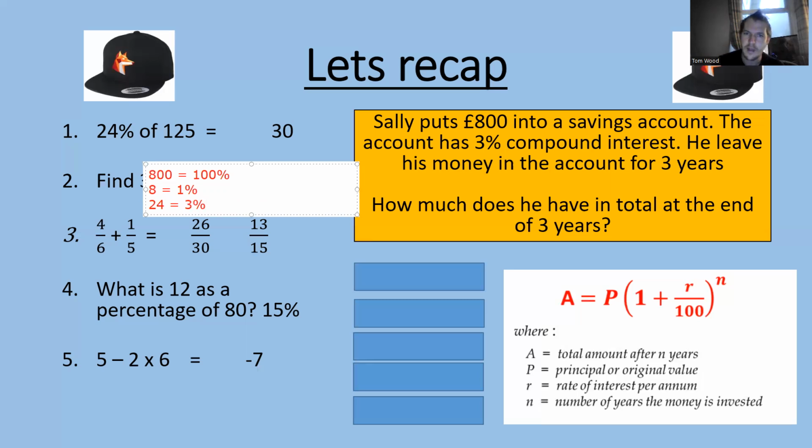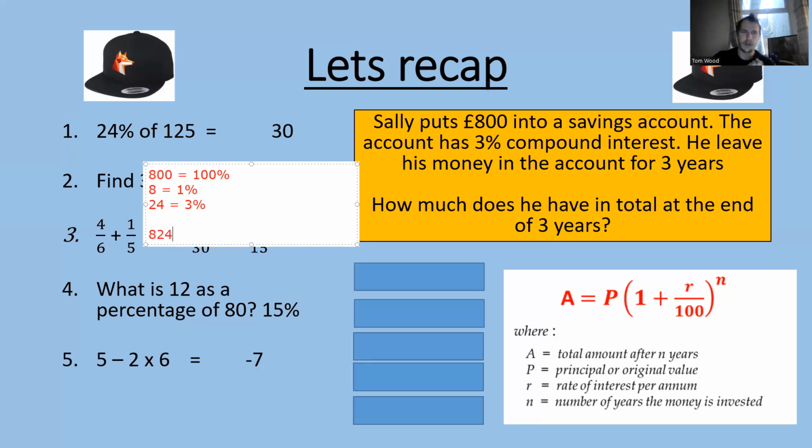And obviously in Sally's account here, this amount is being compounded for 3 years. So in year 1, it will be £824. That's the end of year 1. Then when we start with year 2, we look at the new amount and we find 3% interest of that. So just remembering the difference, with simple interest the interest amount at the beginning will just be added on.